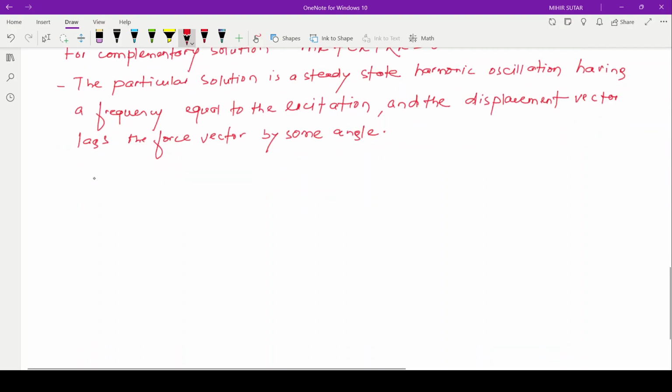Now let's say the particular solution xp is x sin omega t minus phi. Let's say this is equation 2, where x is the amplitude of vibration.